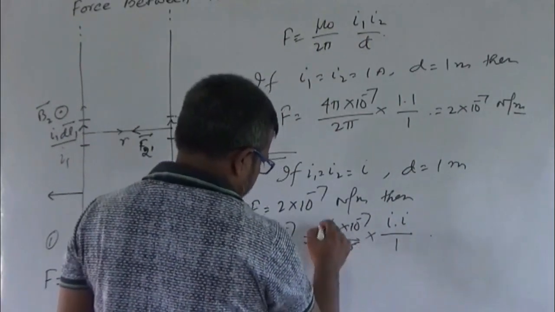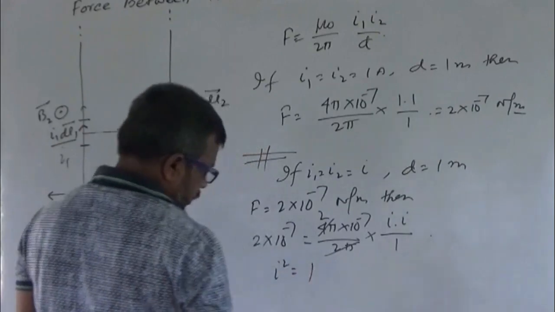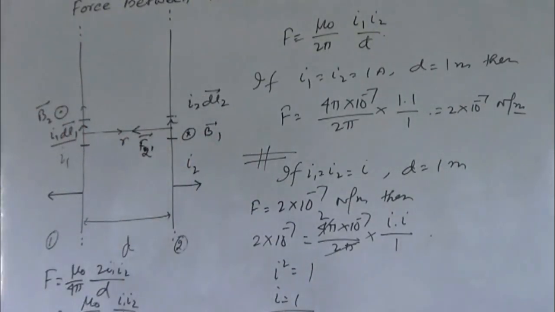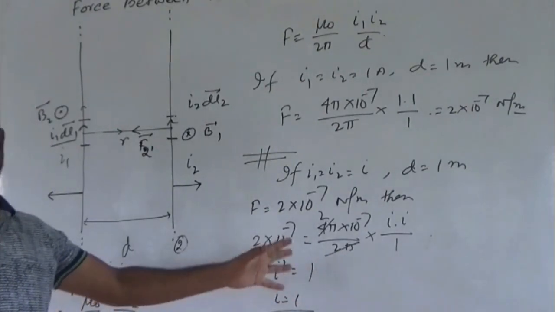From here you get I square is equal to 1. That means I is equal to 1. Is it clear? That means you can define from here I is equal to 1 ampere.